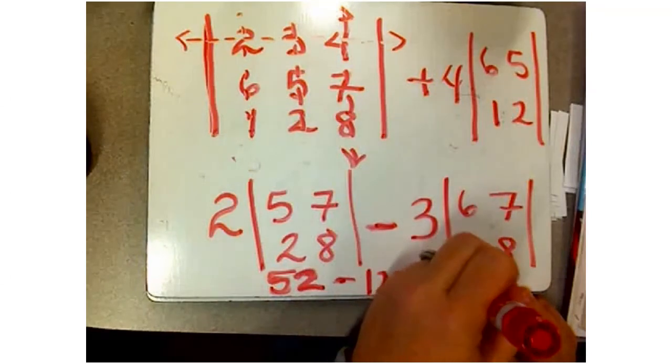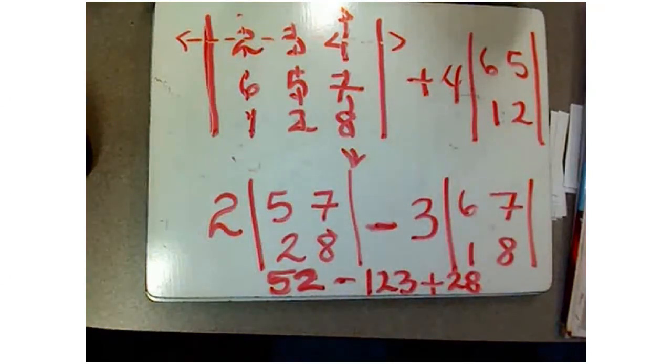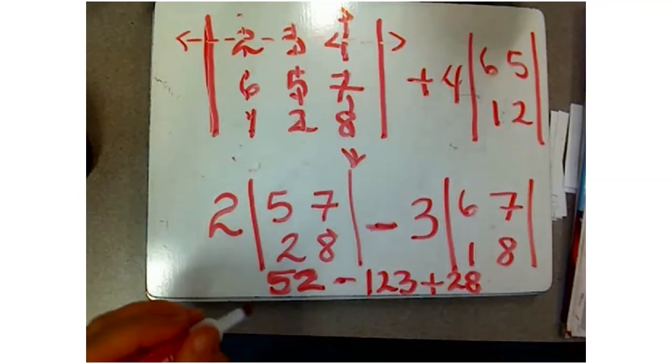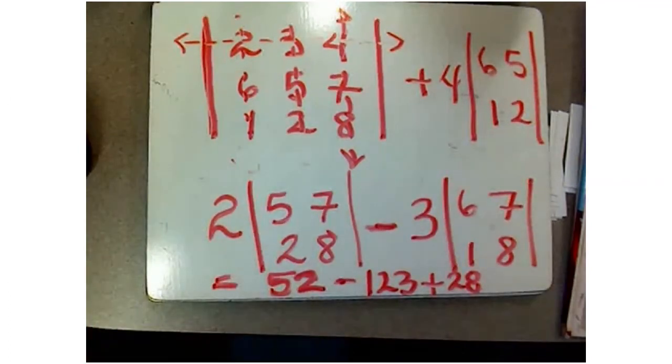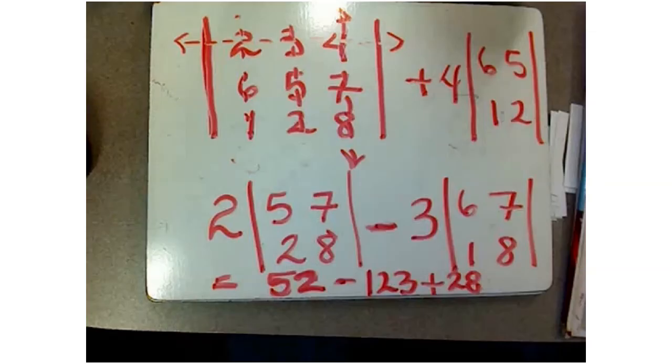So we plus 28. So we have 52 minus 123 plus 28. It'd be easier if you add 52 to 28 and then get rid of that, because it makes an even number of 80. All right, because it's a friend of 10. So it's 80. All right, so 80 minus 123.